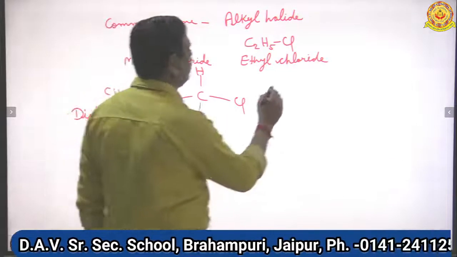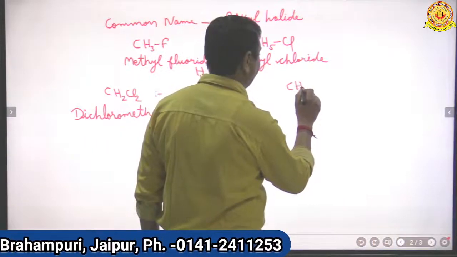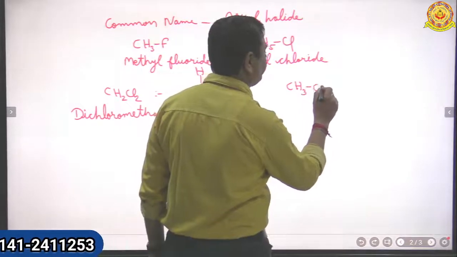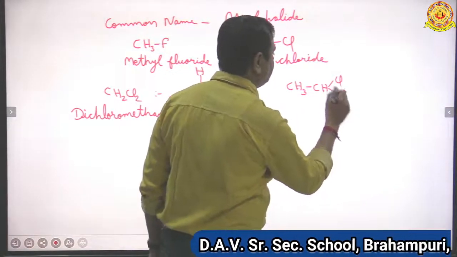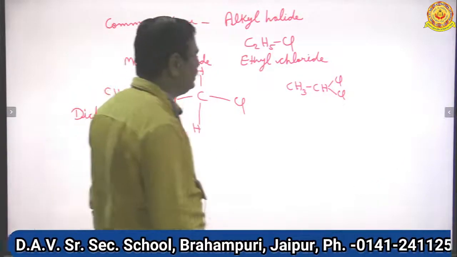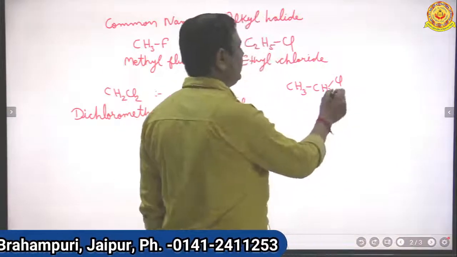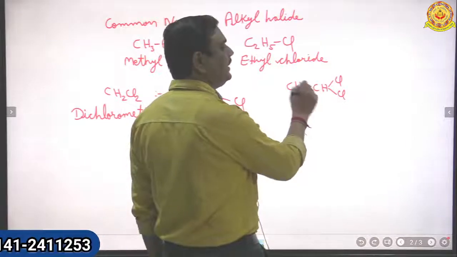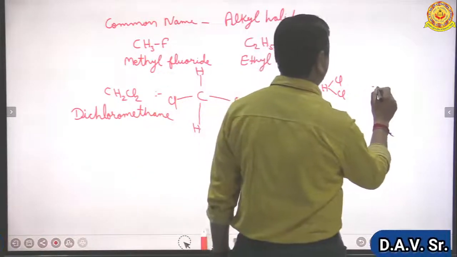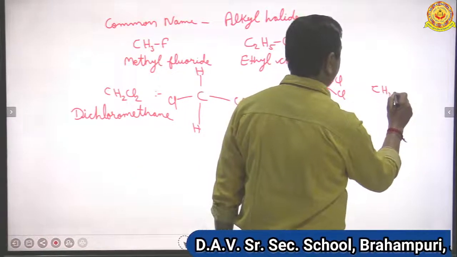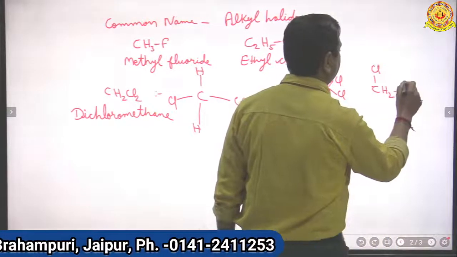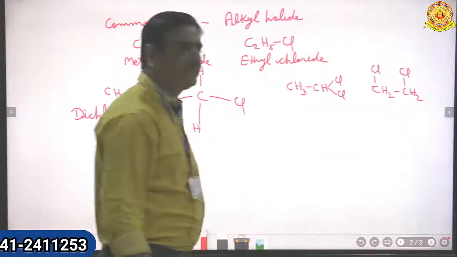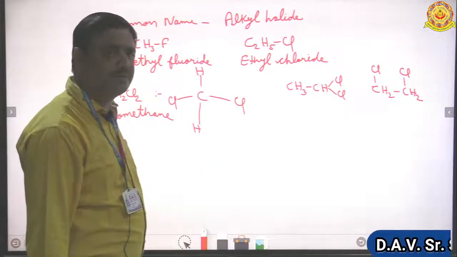But if there are two carbons, for example dichloroethane, we have two options. We have this option that both halogens are attached to the same carbon. We have this option also, both attached to different atoms.